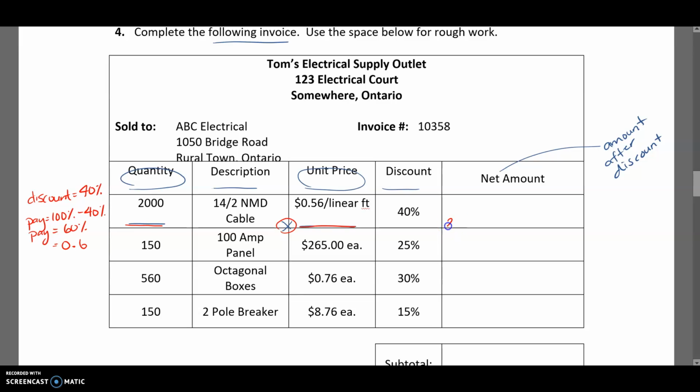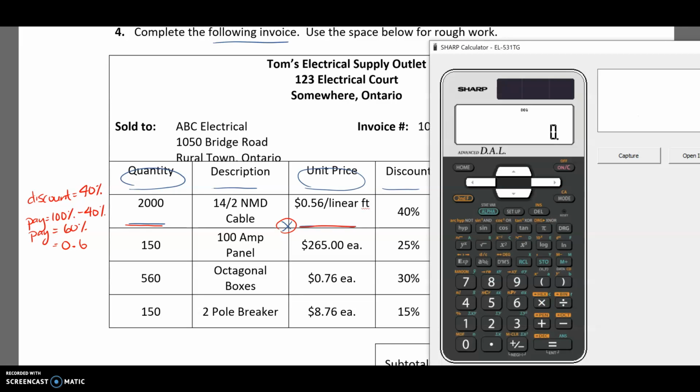So in this question, I'll be doing the quantity, 2,000 of these cables times 56 cents per linear foot would tell me the total amount, times I'm only paying 60% of that because of the 40% discount, so multiply by 0.6.